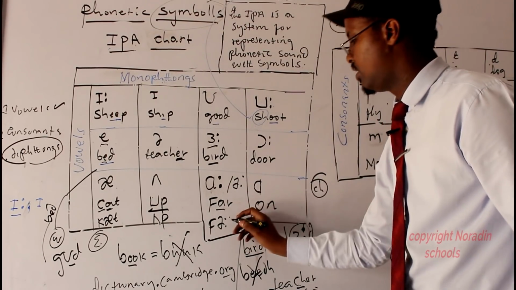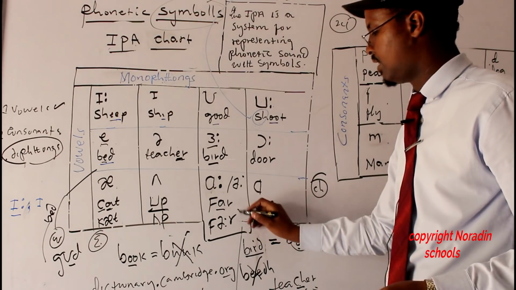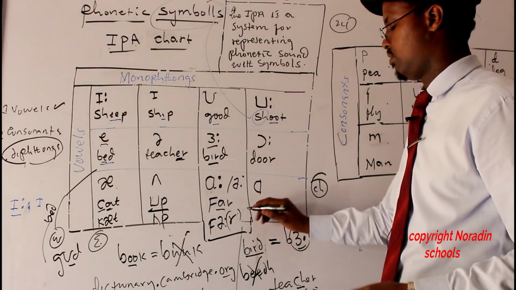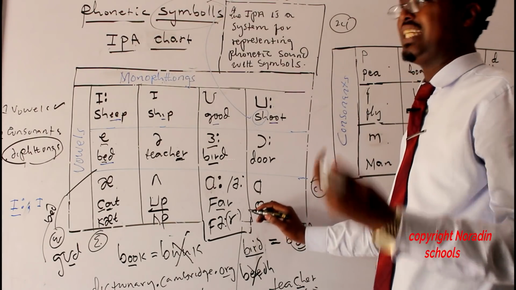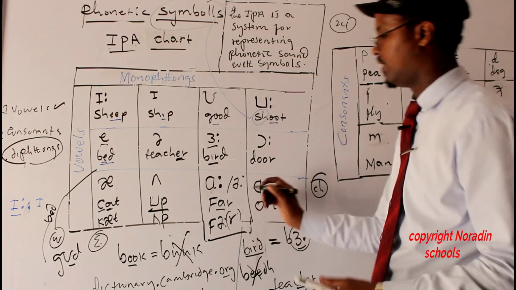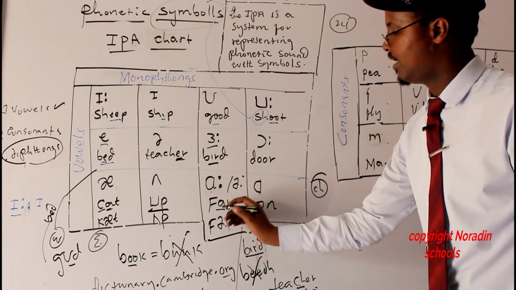Fa. You don't say fa, fa, fa. Some dictionaries, they don't write the R sound. So it depends on which accent you want. Are you using British accents or American accent? It depends like that. So fa, fa. You say like fa.